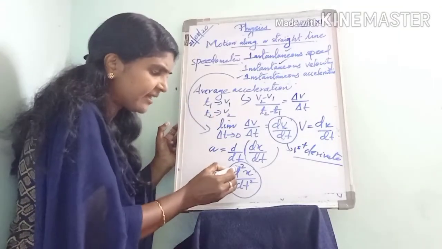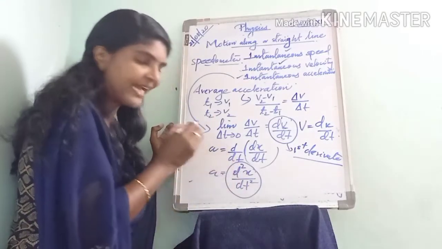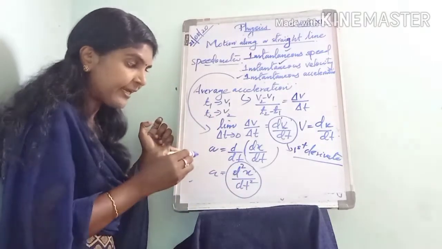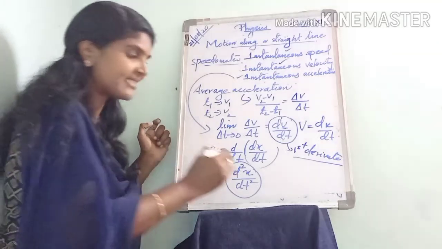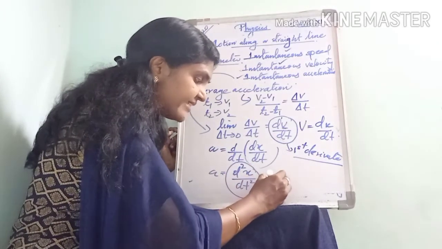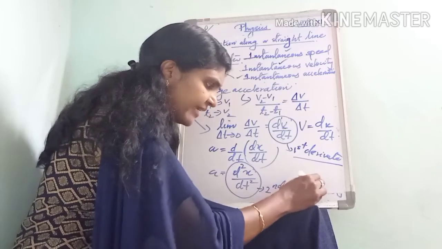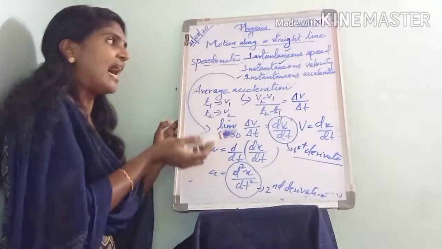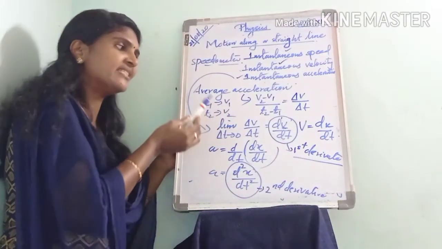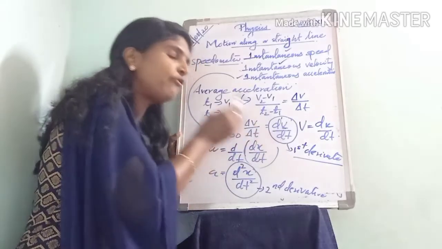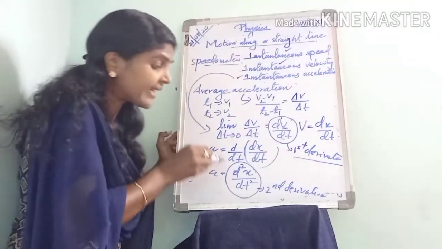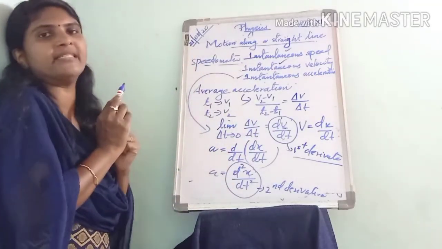And here the power of d is 2, so d square x by dt square is called the second derivative. So the instantaneous acceleration is either the first derivative of velocity or the second derivative of displacement.